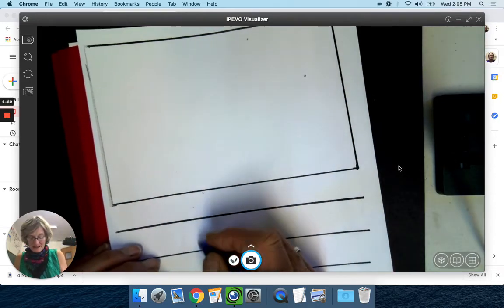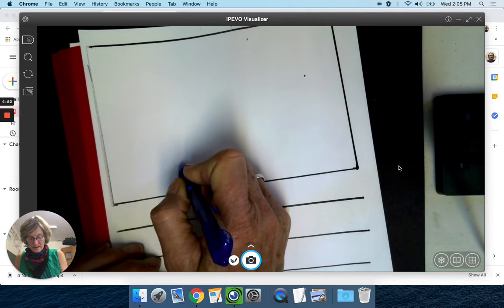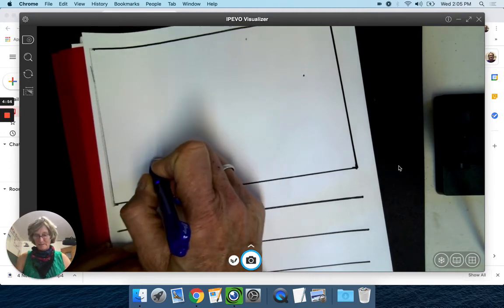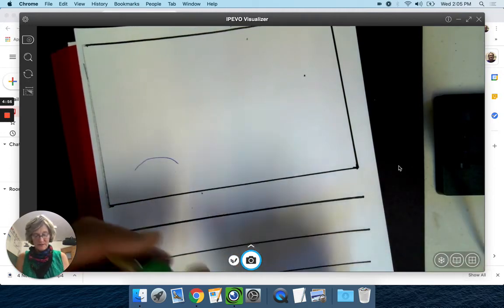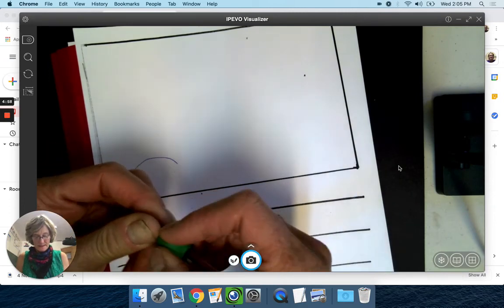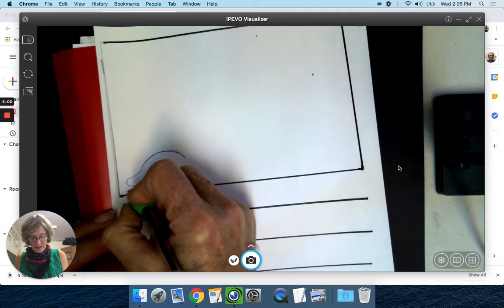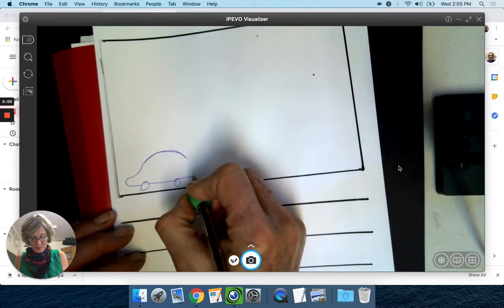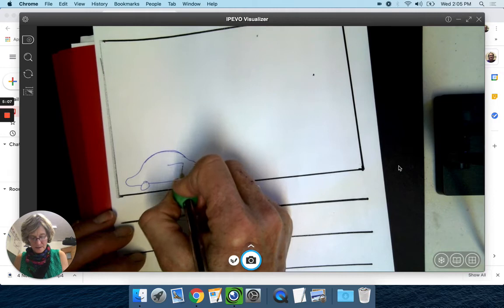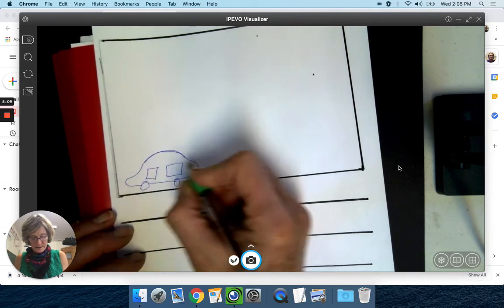So for mine, it would be me in my car. Oh, I need a pencil gripper so I can write better. Yes. My little car, driving over to Pyramid. I have 2 doors in there, lights.